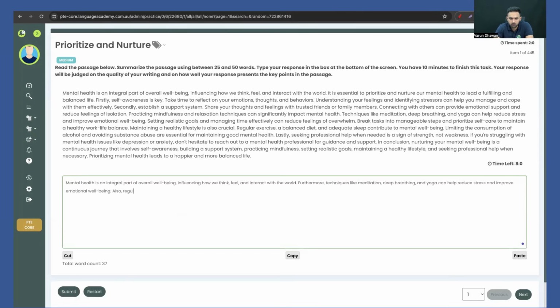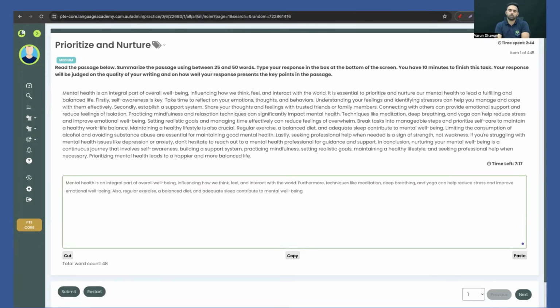Regular exercise also. Regular exercise, a balanced diet, and adequate sleep contribute to mental well-being.